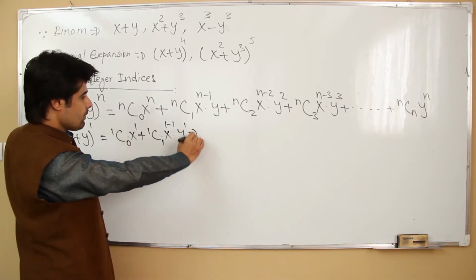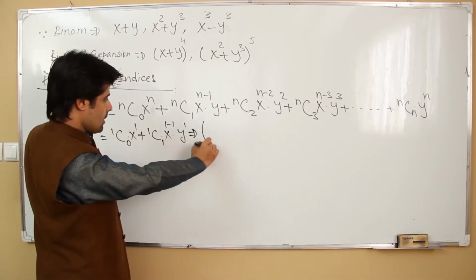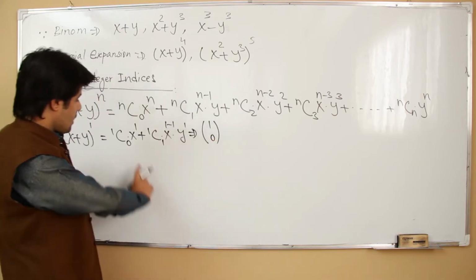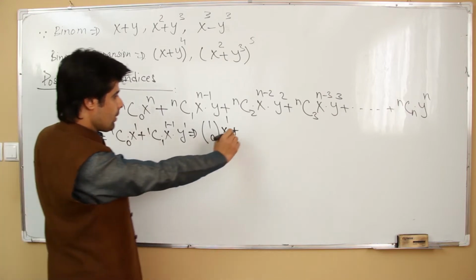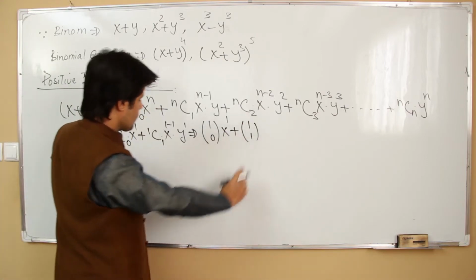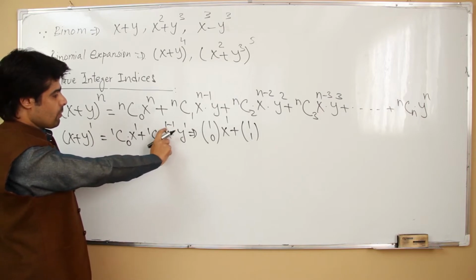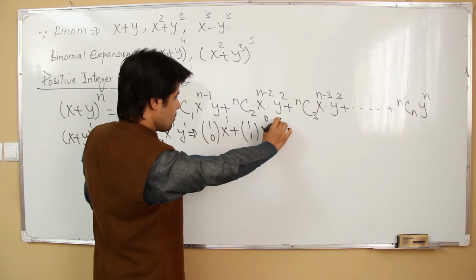Now, if you simplify this, 1C0 means the combination 1 by 0, and 1C1 is 1 by 1. x to the power 1 minus 1 is 0, and y to the power 1.